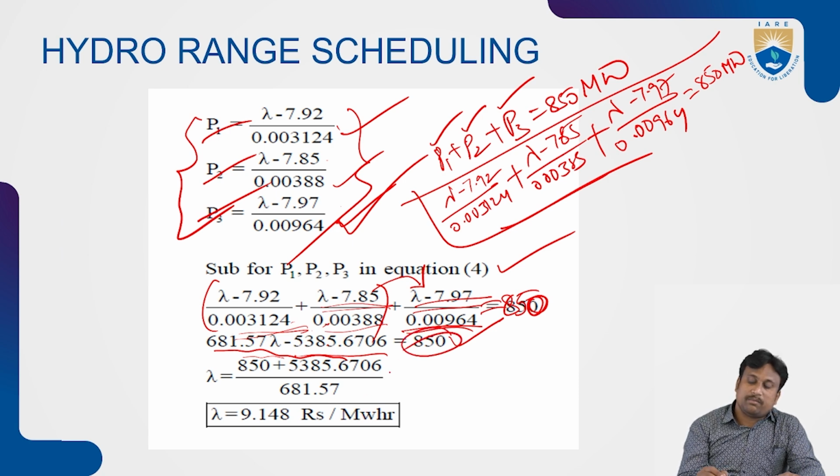So the final combination in terms of lambda is 850 plus 5385.6706 by 681.57. Now calculate for lambda.